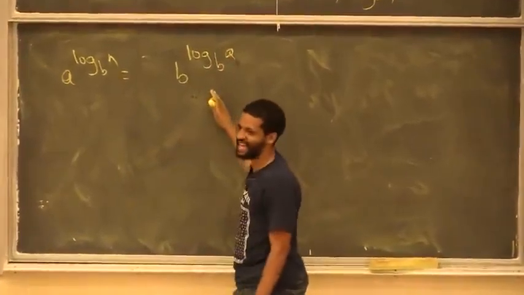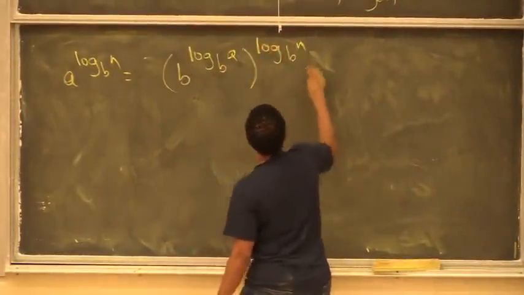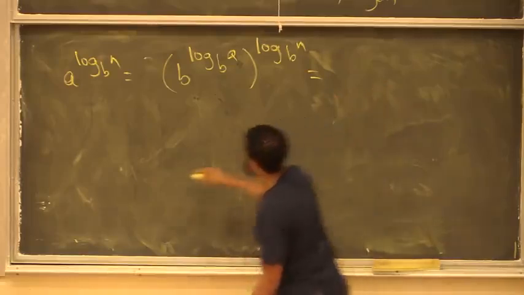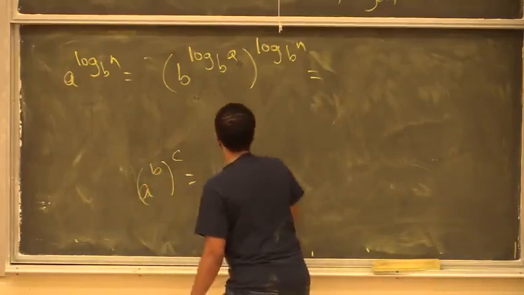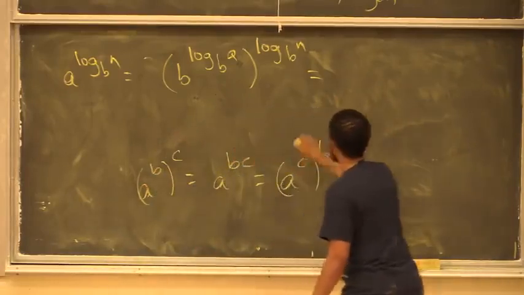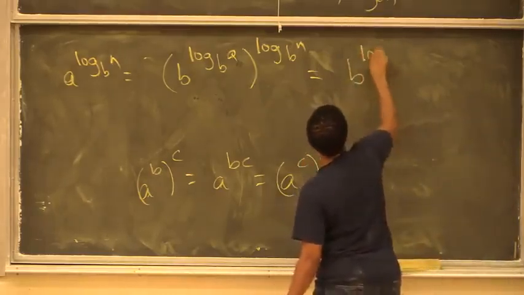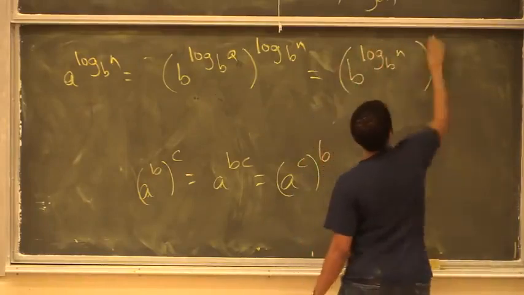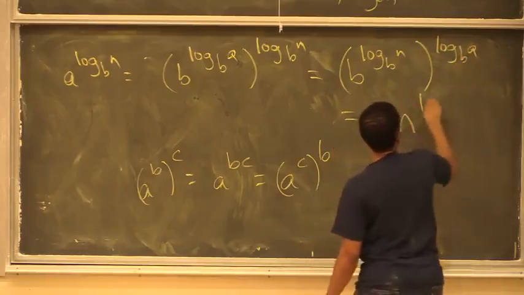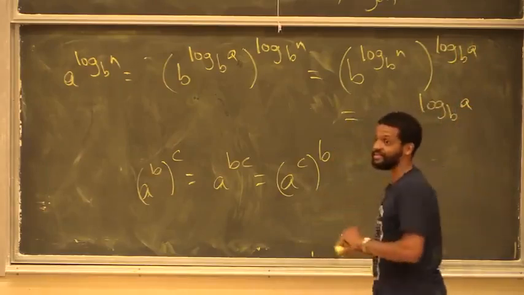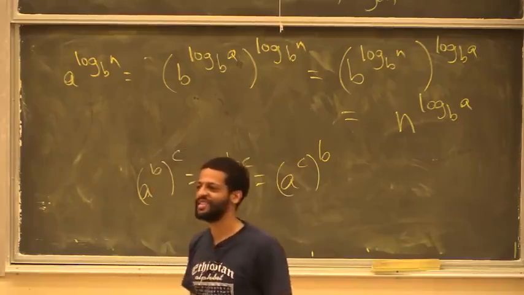This is also known as a raised to the log base b of n, which is equal to, again now, a to the b to the c is the same thing as a to the bc, which is the same thing as a to the c to the b, right? So I can write this as b to the log base b of n to the log base b of a, right? Which is n to the log base b of a. Okay? Any other questions?